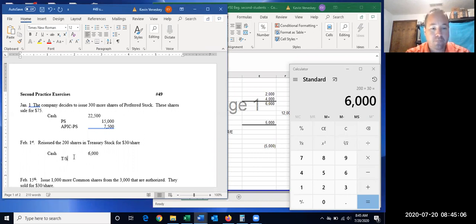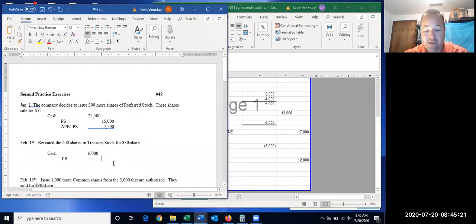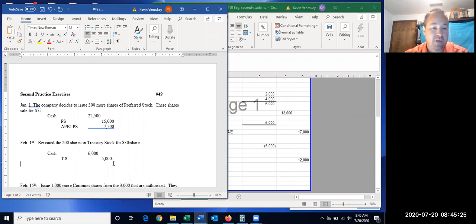I'm getting rid of my treasury stock at $25 a piece, all 200. You know it's 5,000, because that's what the value is on my books. And to get the debits to equal the credits, because I actually sold them for more, I'm going to put it here as my quote unquote gain account for $1,000.